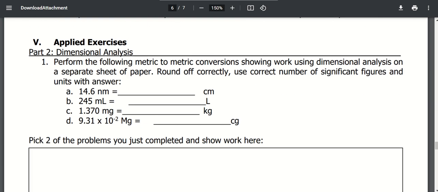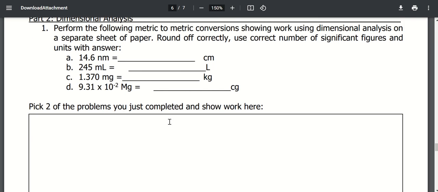From there, you will complete the applied exercises. I do want to lessen a little bit of the load of completing all of these. So you just have to pick two, for example, on number one of the applied exercises. So you pick two of these four problems, show your work, okay?